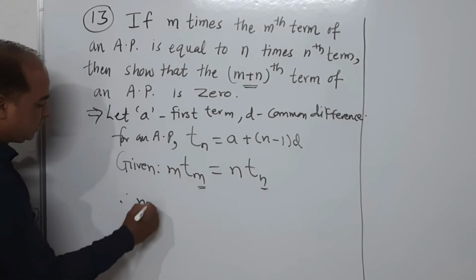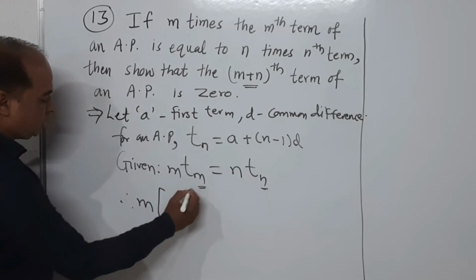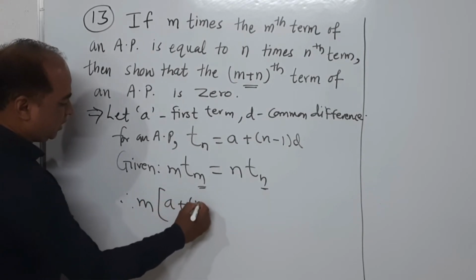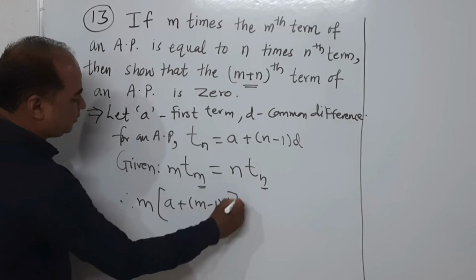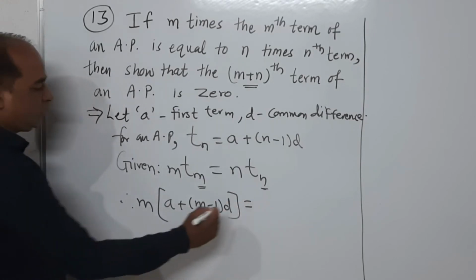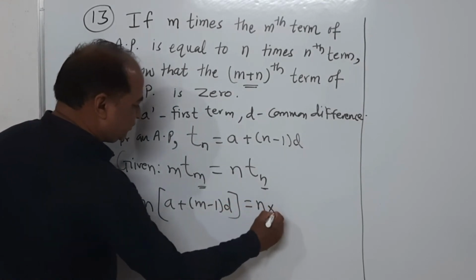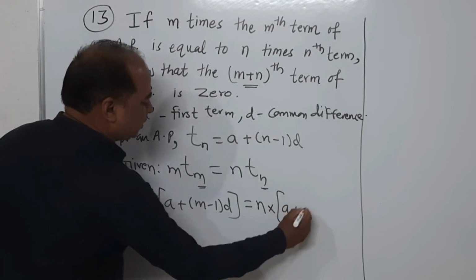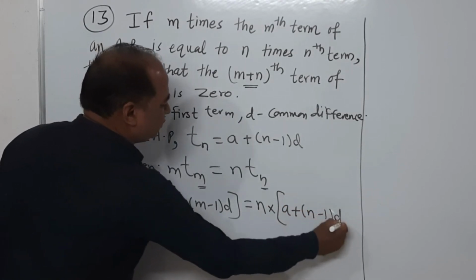Therefore we get m into a plus m minus 1 into d is equal to n into a plus n minus 1 into d.